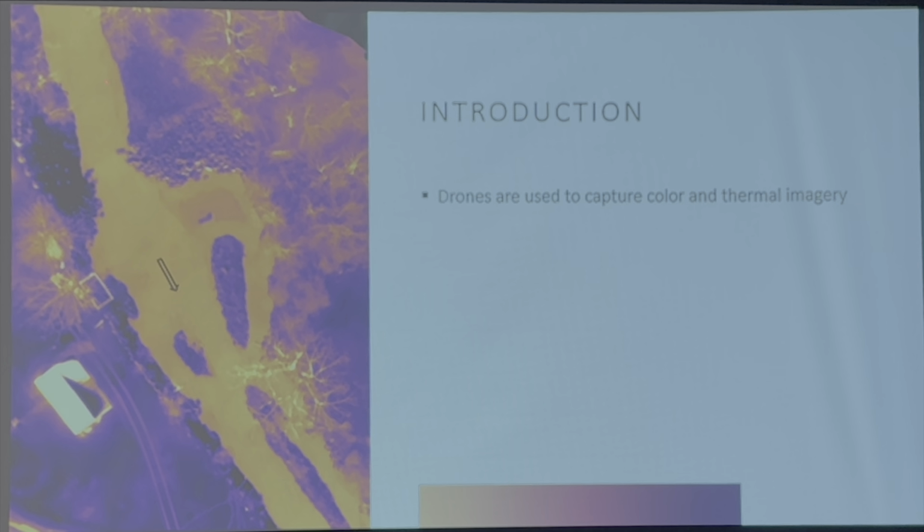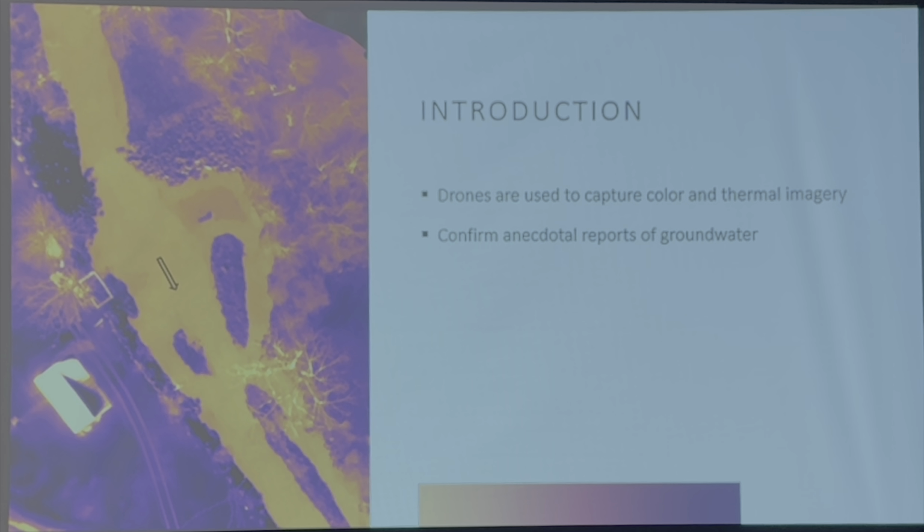And you can see that there are no springs, and we'll get into identifying various characteristics of springs in a second here. And with this imagery, we can really confirm a lot of anecdotal reports of groundwater we've gotten from landowners, chapter members. Everybody knows the spring that's around the bend, but we don't know how big it is, where it truly is located, and if it really provides any refuge for fish.